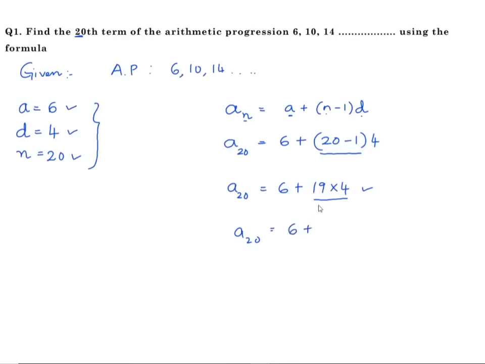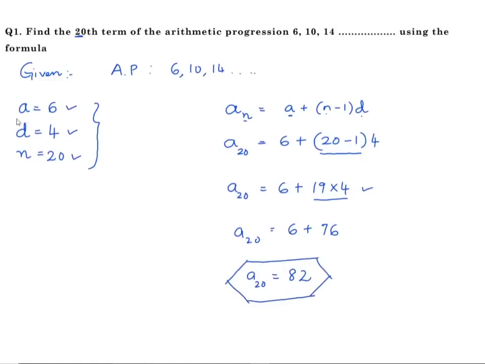What is 19 into 4? 19 into 4 is 76. Now you can add: a20 equals 6 plus 76 is 82. Therefore, the 20th term of the given AP is 82.